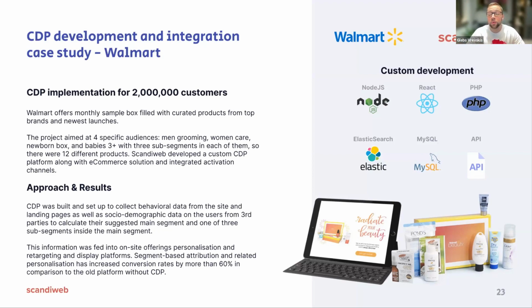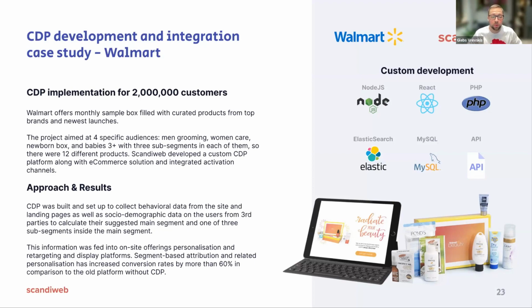And since Walmart is a huge organization, it required custom implementation. There were no ready-made CDPs back then, so the project was actually implemented in 2018. So it was a fully custom implementation to support their specific needs and to support the scale they needed for it to work.